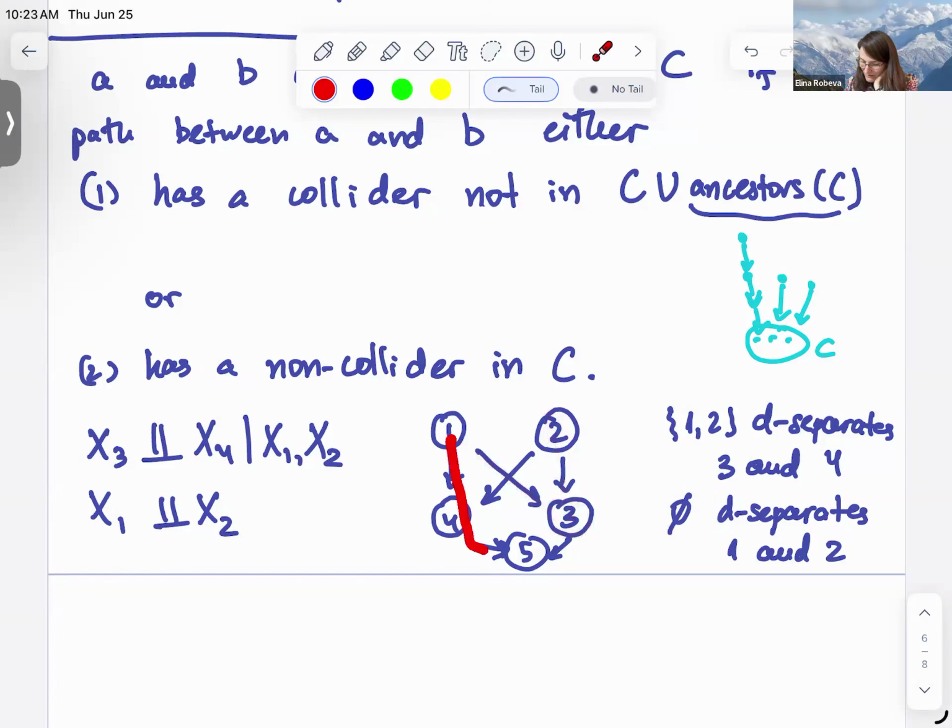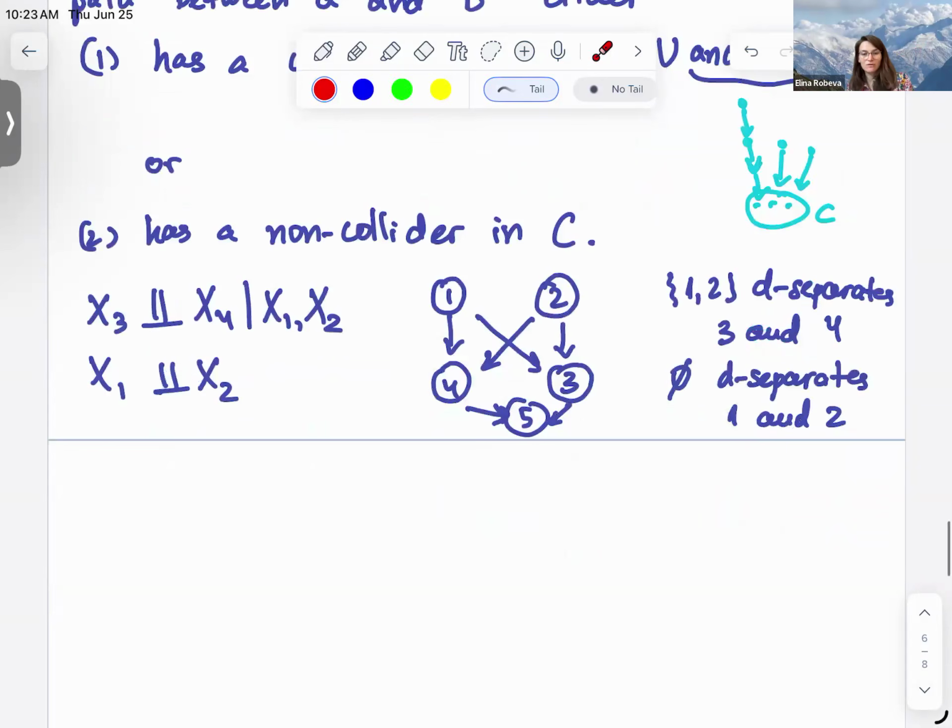And if you go through 5, 5 is a collider and it's not in the empty set. So it's all satisfied. Okay, and I invite you to look at your favorite graphs, maybe on 4 or 5 nodes, and try to find all the d-separation statements.